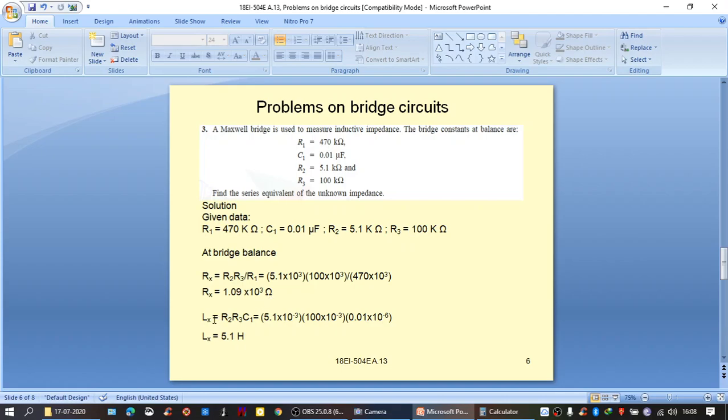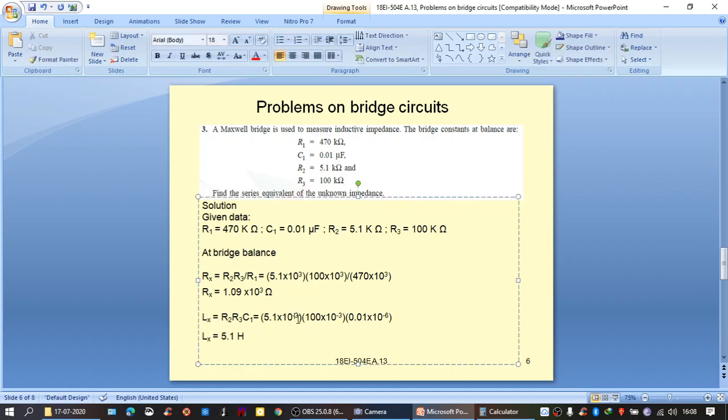And in Maxwell bridge, at bridge balance, the expression for unknown inductance Lx is given as R2 R3 C1. Sorry, these are positive values, let me correct this.